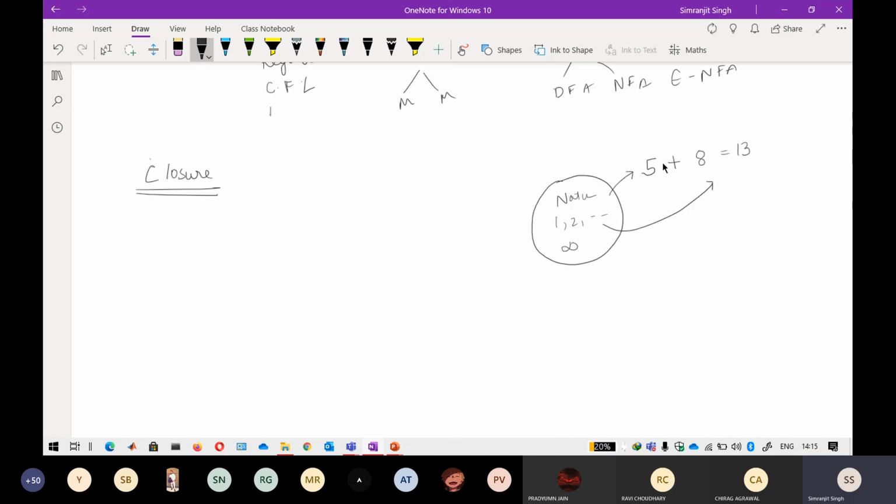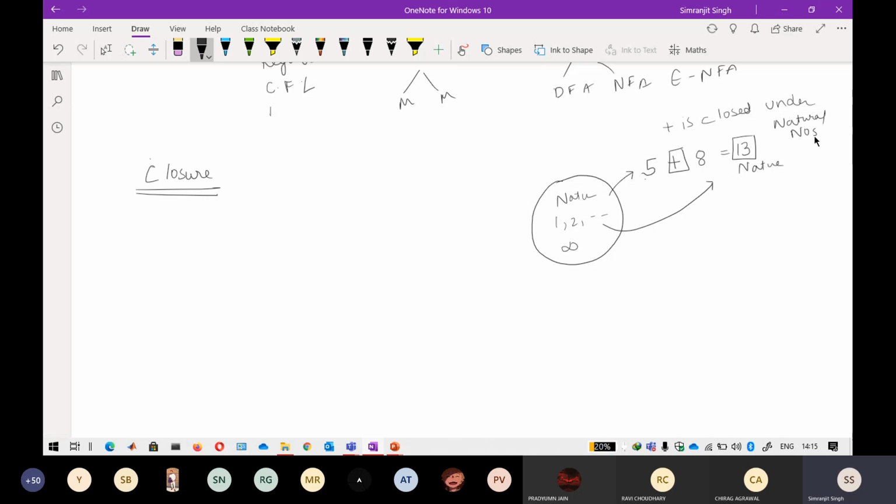Now understand the definition of closure property here. When I take any number out of the natural number set and add it to any other natural number, the number I get is again a natural number. If that happens, then I can say that plus is closed under the natural number set.